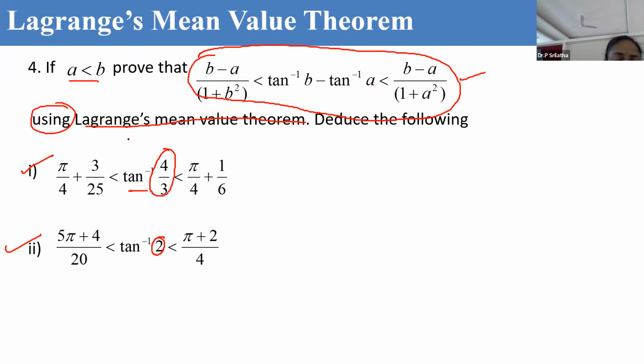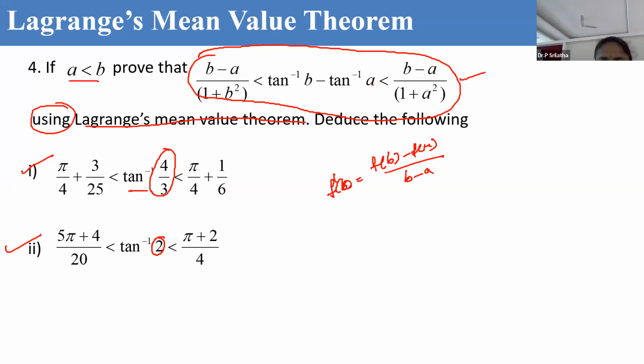So we have actually conditions. The first one is it is differentiable in the open interval a comma b, and the second one is it is continuous in the closed interval a comma b, and then there exists a point.